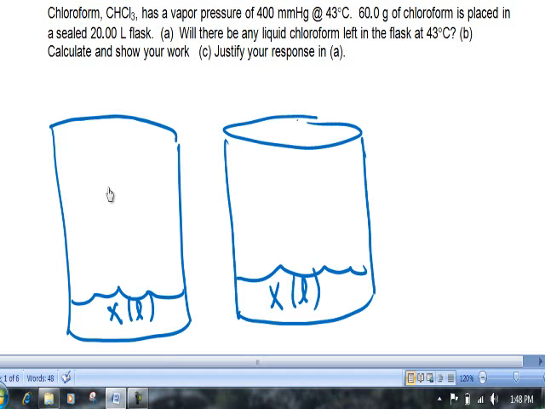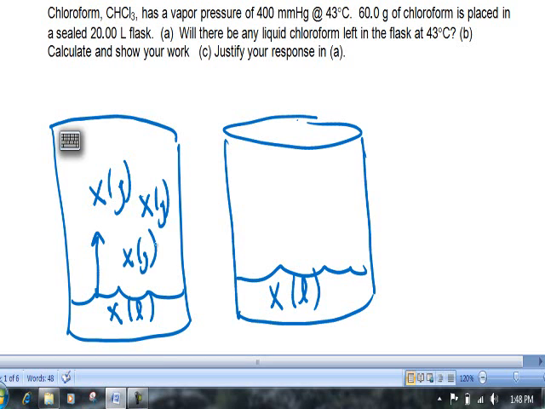In some type of closed system, which could be a container such as a beaker that has a top on it, a bucket with a lid, or even something as large as our classroom, for vapor pressure to be reached, what happens is the liquid turns into a gas, and eventually the gaseous phase becomes saturated with the maximum amount of gaseous particles at that temperature, and some of the gas begins to return to the liquid phase, and we establish an equilibrium.